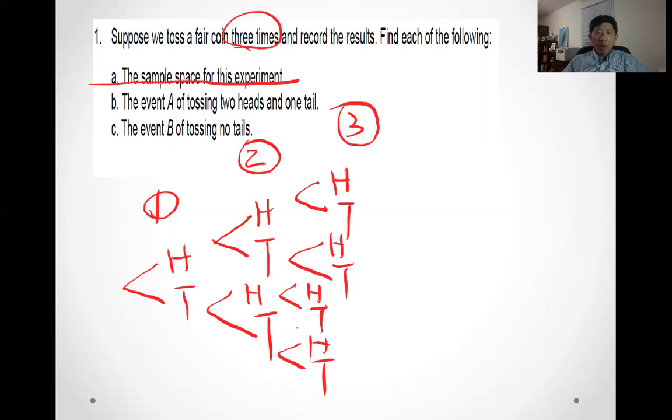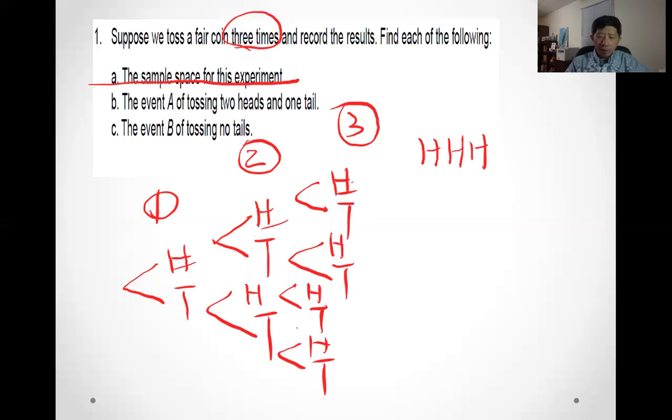All right, so now we have many possibilities. The sample space is head, head, head. Did you see it? Head, head, head, right? And then we have head, head, tail, and we can write down all the possibilities. So 1, 2, 3, 4, 5, 6, 7, 8. We have 8 possible outcomes, all right?